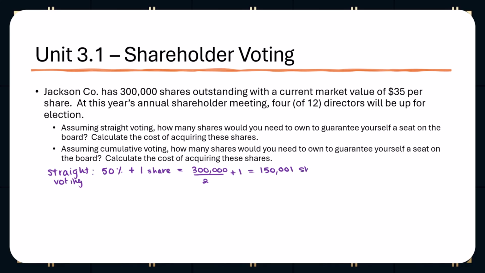And we know that it costs $35 per share. So when we do that math, we should find that the total cost to acquire these shares would be $5,250,035.